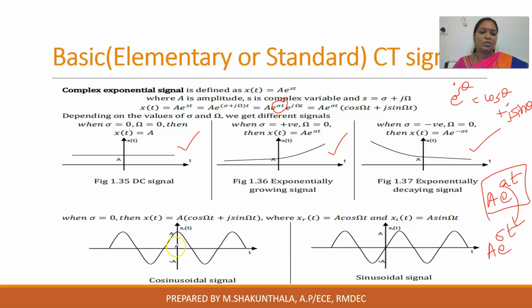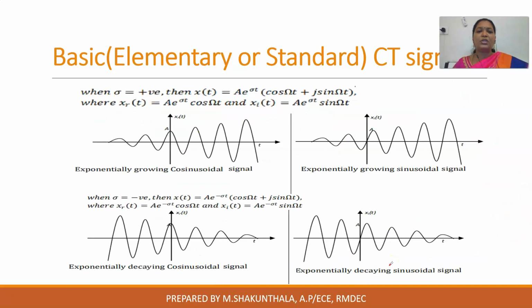Suppose if you consider both the values, you are considering sigma value also, omega value also, then first we are considering sigma equal to positive value. As we have discussed before, sigma equal to positive means what signal you will get? Exponentially growing signal like this.